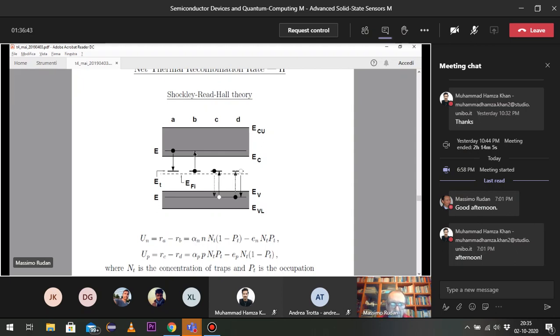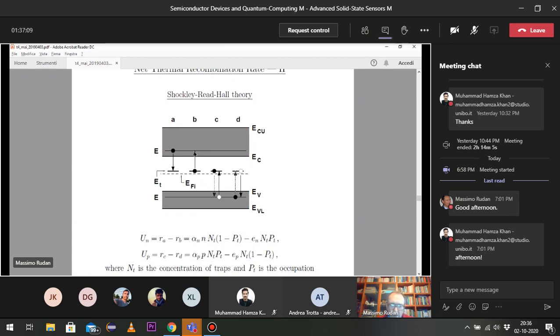This is called event of type B. So D followed by B is a generation of an electron-hole pair, okay? All of these events are thermally activated. So the exchange of energy is within the vibrating nuclei of the lattice, okay?